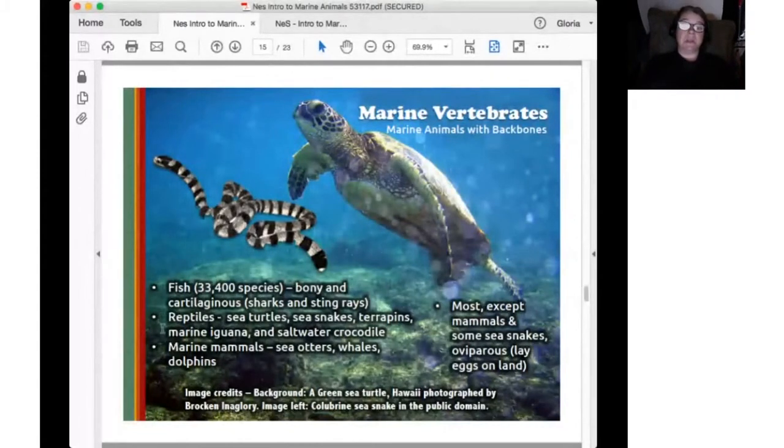Marine mammals, sea otters, whales, and dolphins. So most, except mammals and some sea snakes, are oviparous, meaning they lay their eggs on land, such as sea turtles. The females go seasonally. When they're ready to lay, they go to land to do that. Here we have a sea snake, by the way.